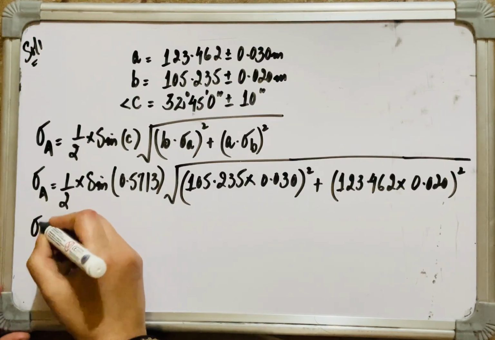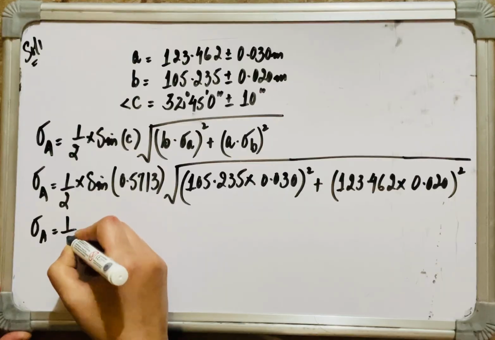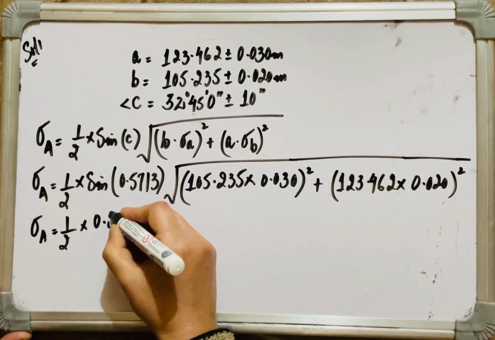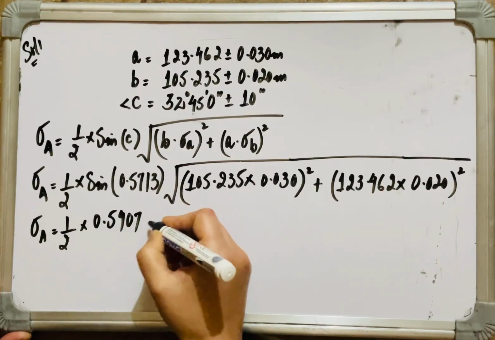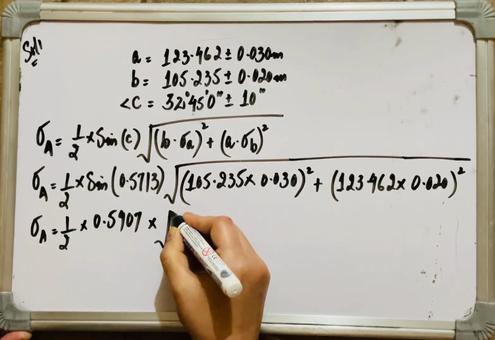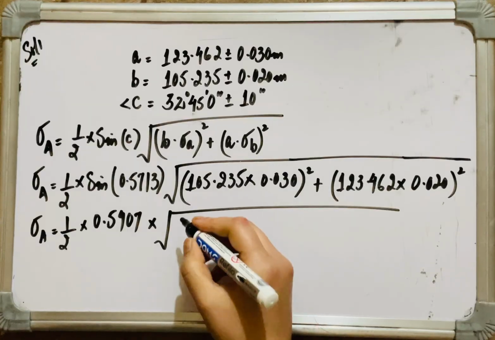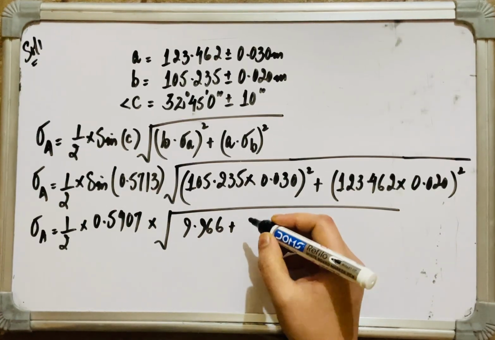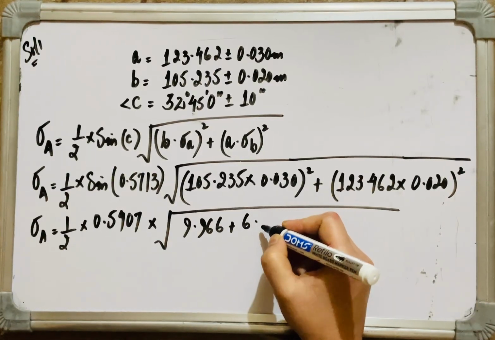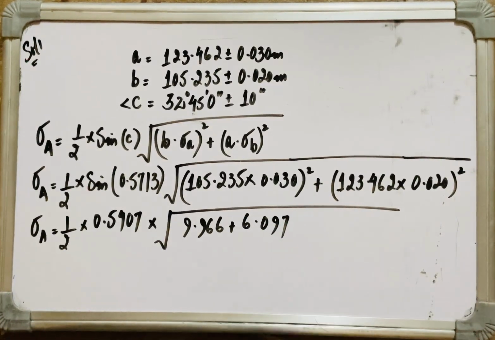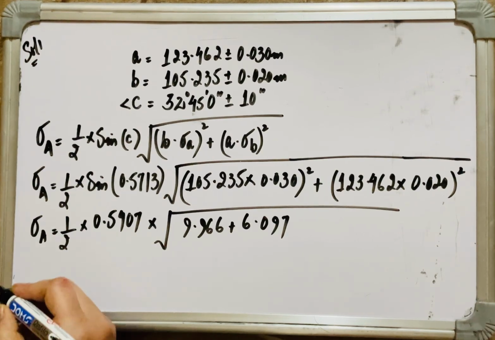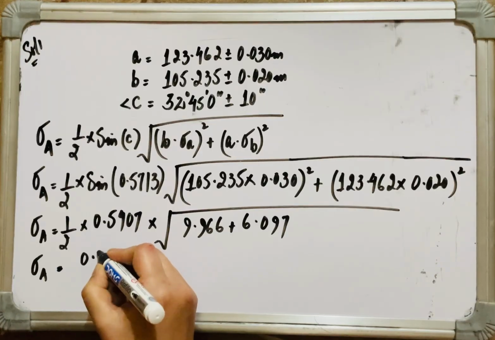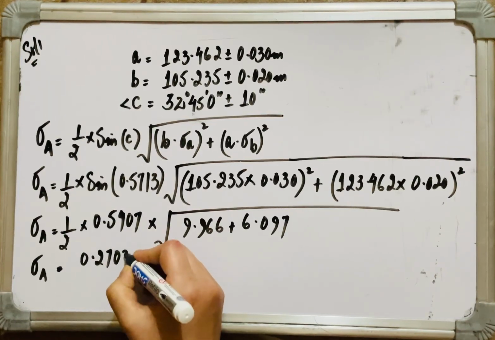So sigma A is equal to 1/2 of value of this is 0.5407 multiplied by square root of this is equal to 9.966 and this one is 6.097. All right, so sigma A is equal to 0.27035.